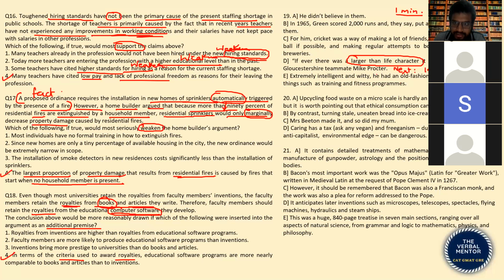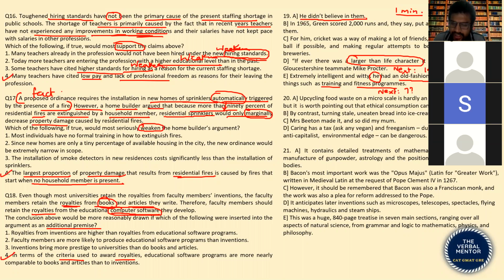E tells me that this guy had an old-fashioned attitude to things such as training and fitness programs. The next sentence should tell me what was his attitude. A tells me so. He did not believe in them. So he was old-fashioned.